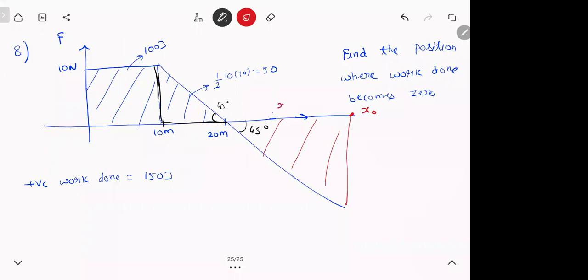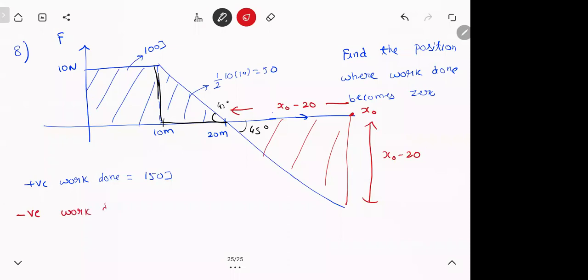So what is this length? x0 minus 20, right? That's the x coordinate. Because this is 20. If that is 45, then opposite side and adjacent side are equal. This is also x0 minus 20. Any doubts still here? Then what is negative area?